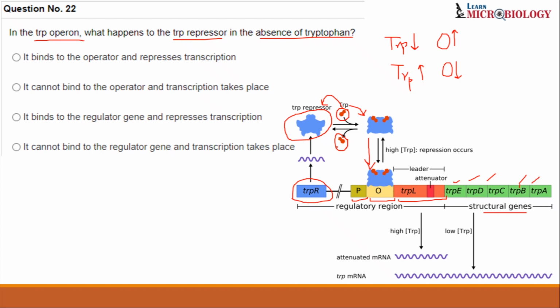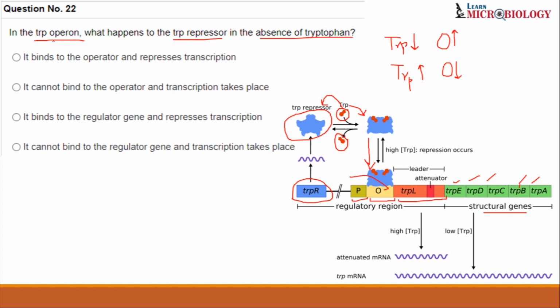So if tryptophan is present, it will bind to the repressor, the repressor will bind to the operator, and there is no transcription. Whenever there is a very low amount of tryptophan, the repressor will not have tryptophan to bind to. It will remain inactive, it cannot bind to the operator, and hence the tryptophan operon will be active.